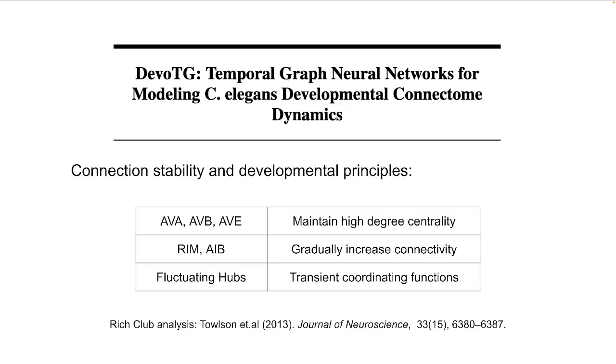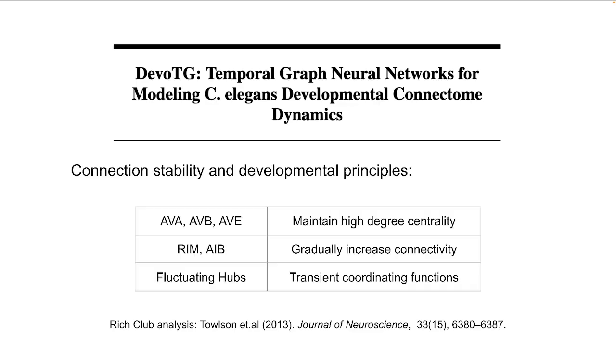These are neurons that serve as connectors for the entire connectome, and so they are connected to a lot of other cells. We can take those neurons and look at them given this data set, and make some statements about what is going on in development, especially with respect to synaptic connectivity, if we know those hubs are going to be part of this rich club. And indeed, we see some classes of behavior here.